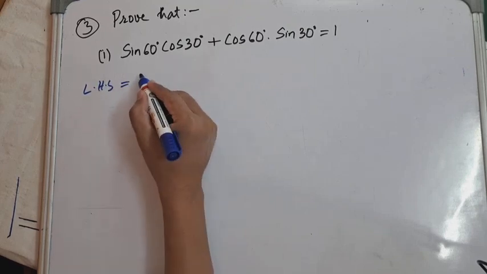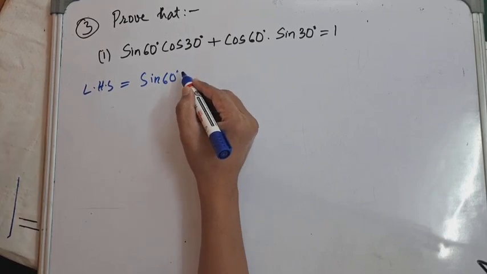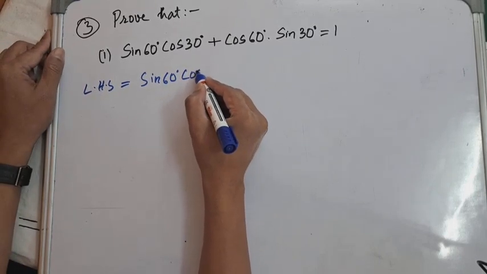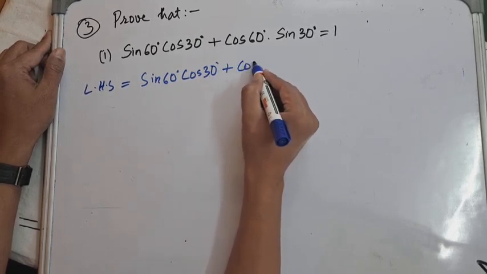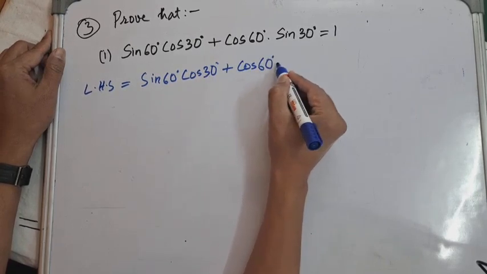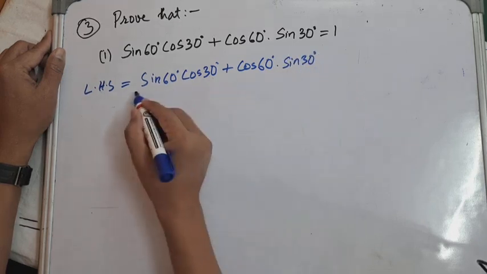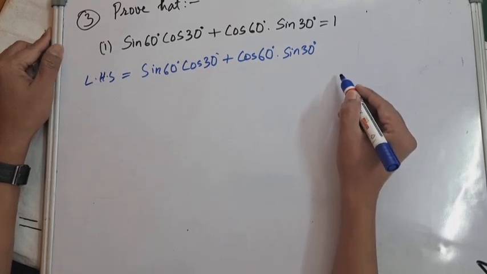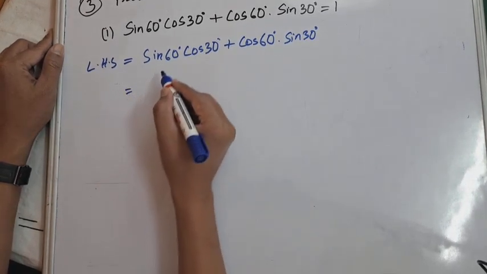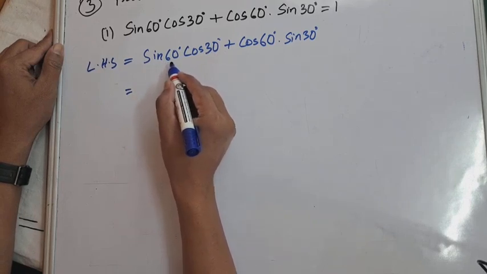LHS equals sine 60 degree cos 30 degree plus cos 60 degree into sine 30 degree. So this is the left hand side. We are going to use this and prove this equals 1. So we should know the value of these trigonometrical angles.